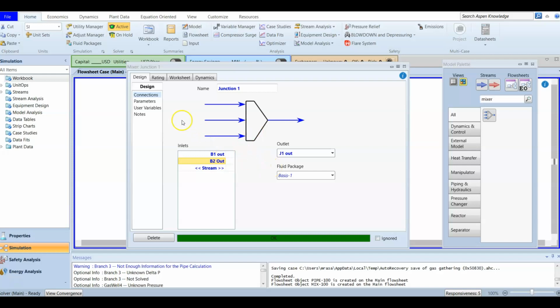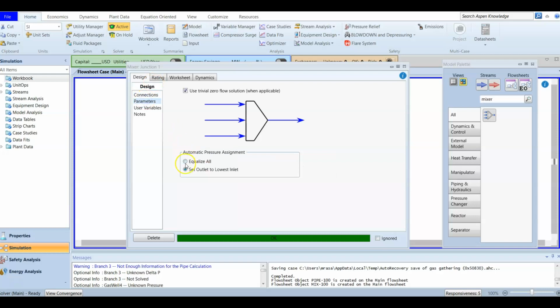Okay, for the parameters here, sometimes you can equalize all or set the outlet to the lowest inlet, which means the pressures will be equalized. But here, this pressure is 10 psi and this one is 20, so it would be set to the lowest, which is 10 psi.